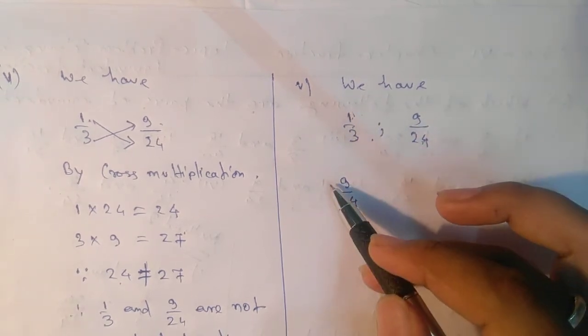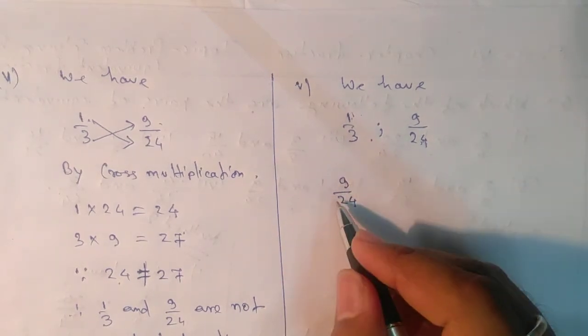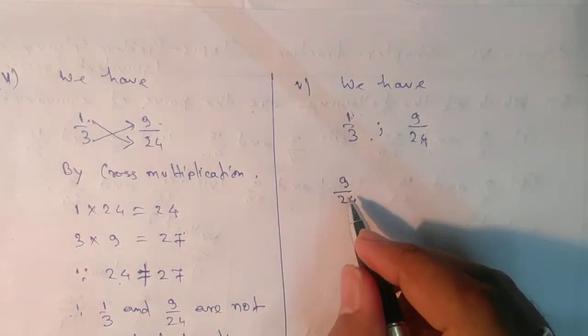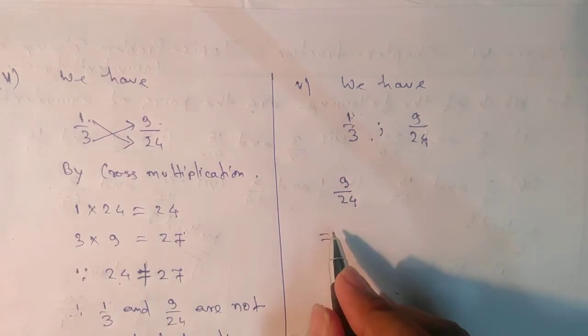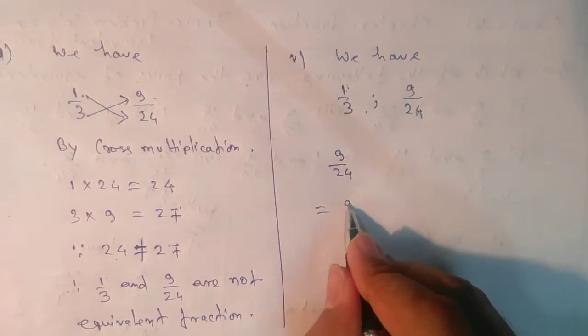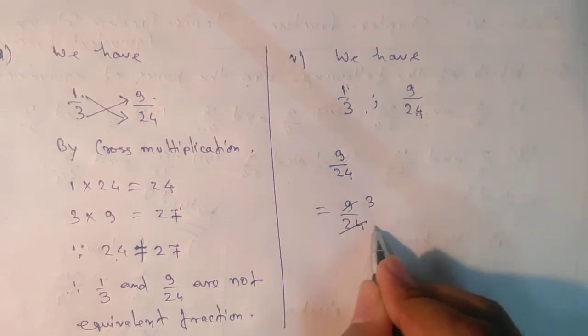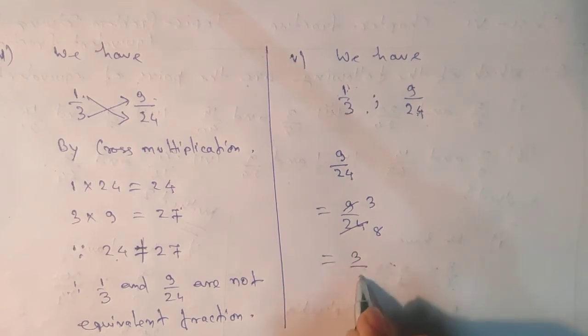Then it is the simplest form. But let's check whether they are in simplest form or not. We are going to see if there is any common number which will cut this one. Yes, we have. Can you guess? Yes, 3. You can see that 3 threes are 9 and 3 eights are 24. You are getting 3 by 8.